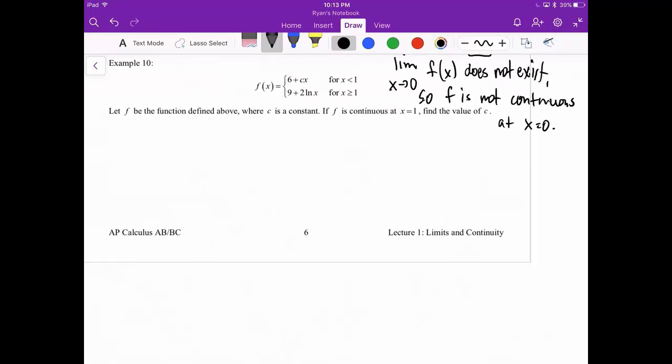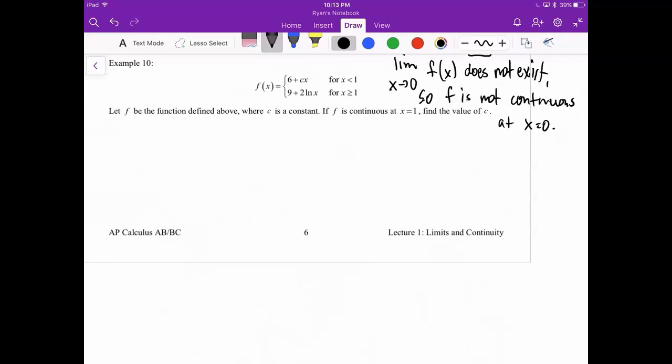Okay, last one, and then we can wrap up this video. So this says f of x is equal to 6 plus cx for x less than 1, and 9 plus 2 ln of x for x greater than or equal to 1. If f is the function defined above, and c is a constant, and f is continuous at x equals 1, then find the value of c.